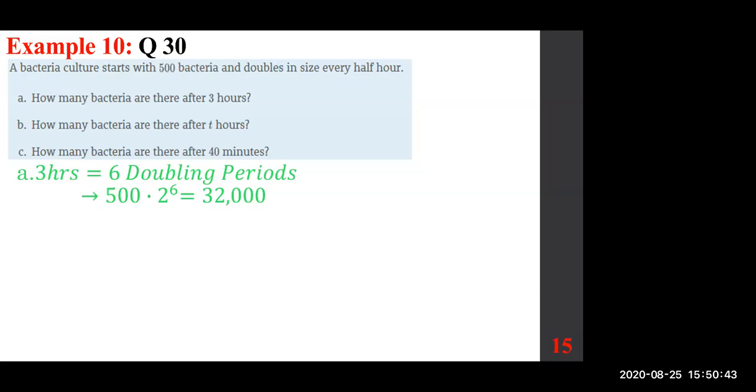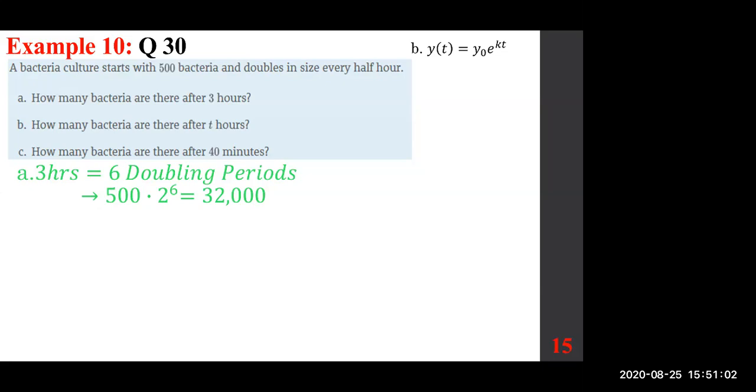However, I'm really more interested in solving B and then the general format. So the B says, if you recall, y of t is y sub 0 e to the power of kt. We're looking at the exponential growth, okay?